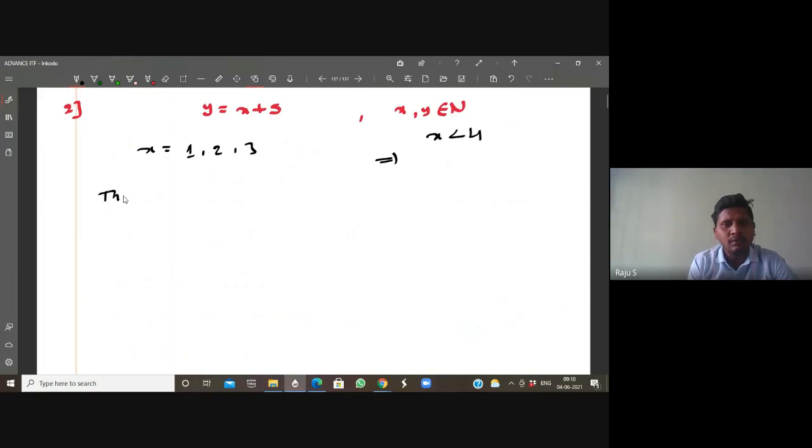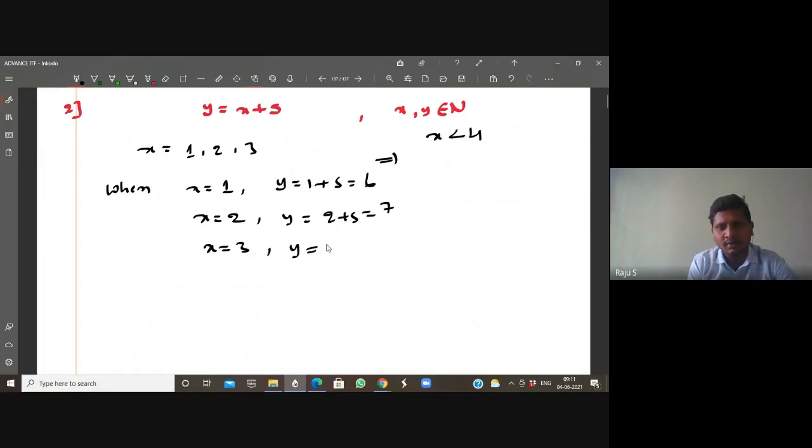Now the relation in roster form. If you want to write more steps: when x is equal to 1, y becomes 1 plus 5, this is 6. When x is equal to 2, the y value is 2 plus 5, which is 7. When x is equal to 3, the y value is 3 plus 5, it is 8.